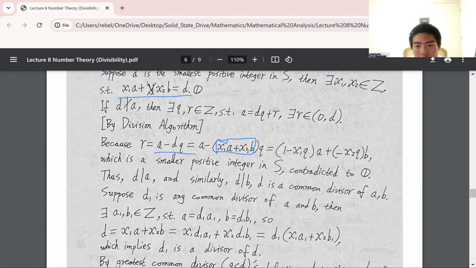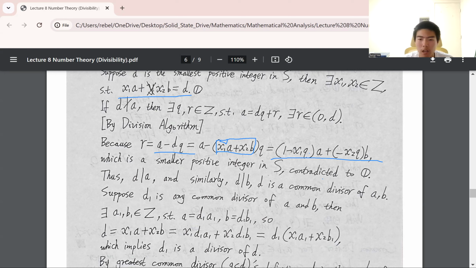We can expand this form, pull A out, and then pull B out, and then we find R is equal to some integer times A plus some integer times B, which is a smaller positive number in S, right? Because R is a common divisor of A and B right now.